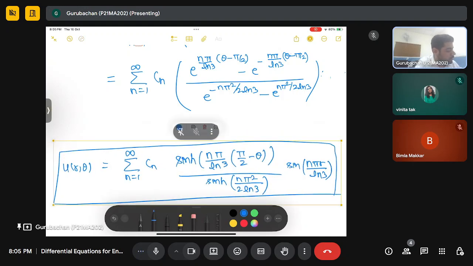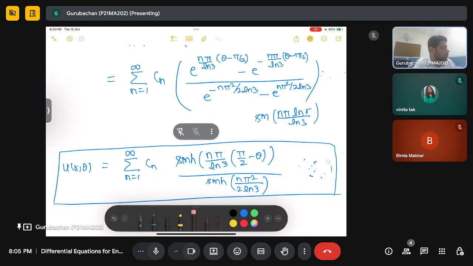So here sin(nπ ln r/ln3), and here it will also be sin(nπ ln r/ln3). So the rest of the quantity is correct.